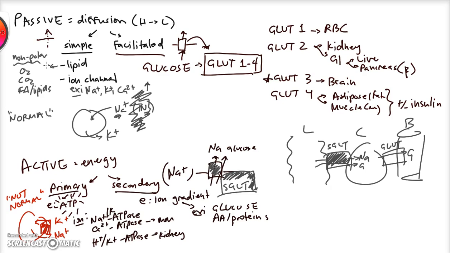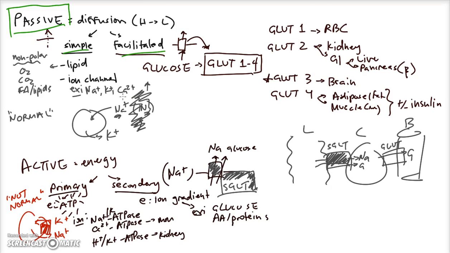So let me just use color to drive home some points. The first type of transport is passive. We can divide that into simple and facilitated. Simple will move substances floating around in the blood that need to get through the blood-brain barrier, and also the normal movement of ions in and out of the cell.